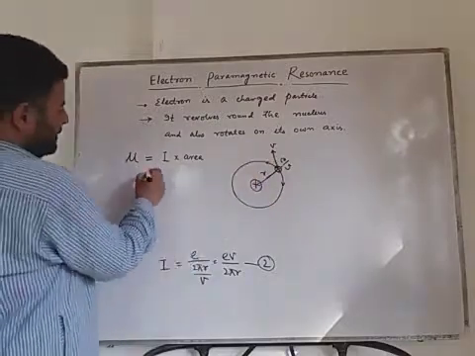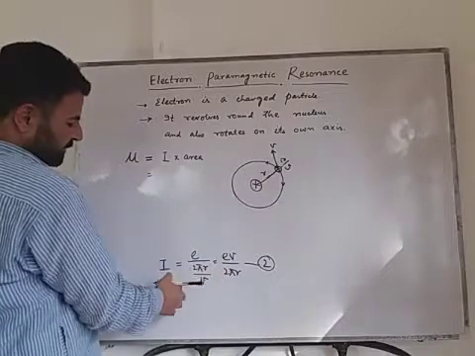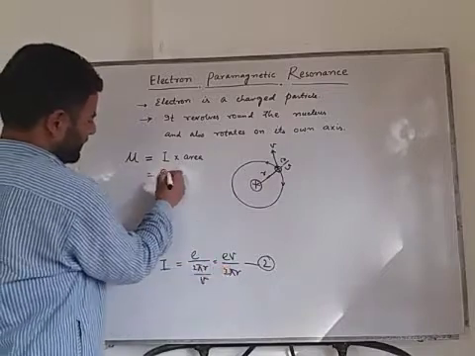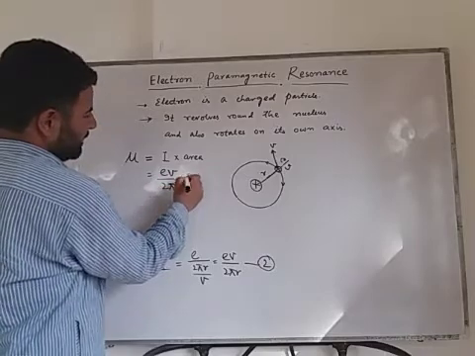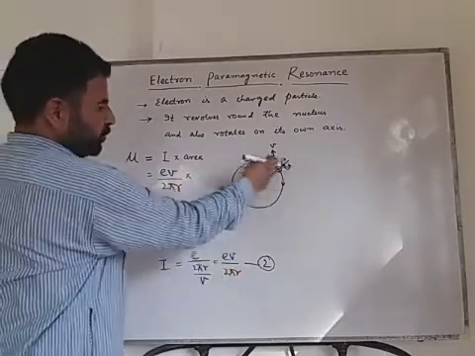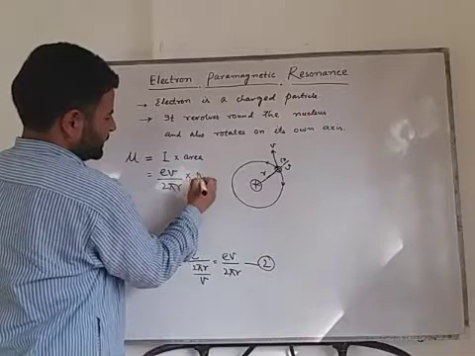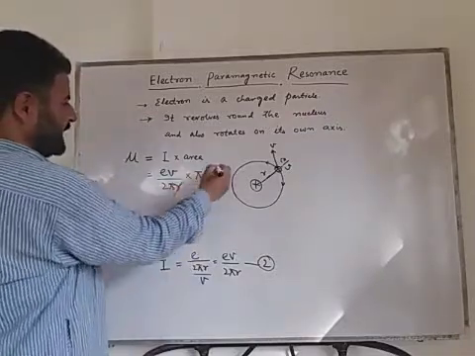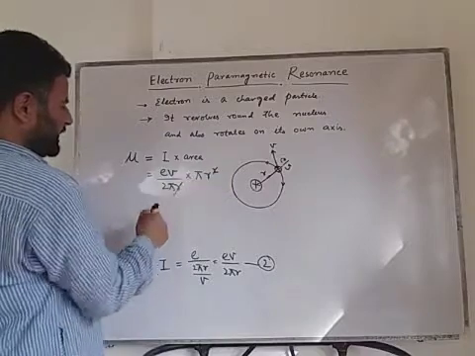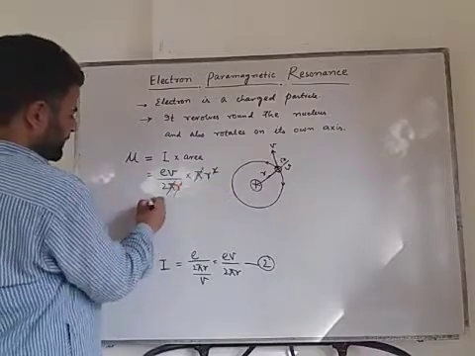So it will be equal to, for current we will put this value, EV divided by 2 pi r, multiplied by the area of this loop, which will be pi r square, because it is circular. So this r and one r will cancel, pi and pi will cancel.